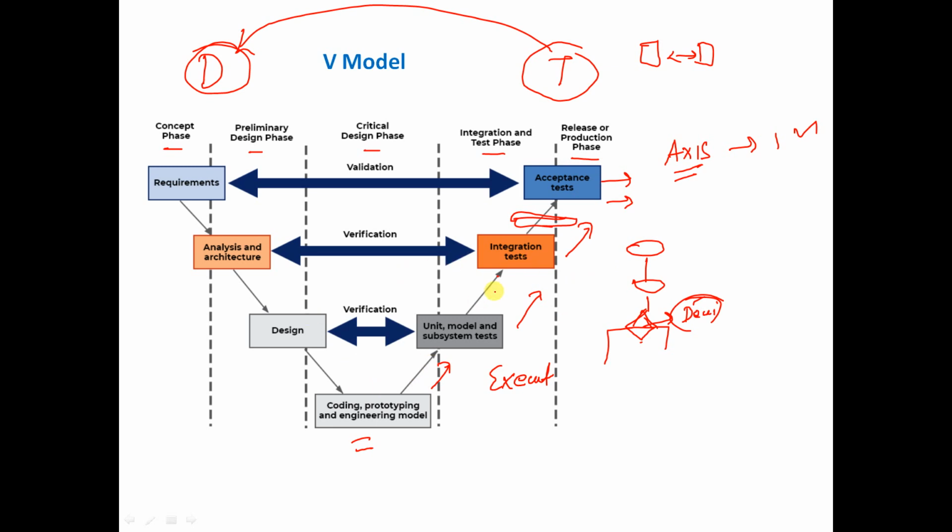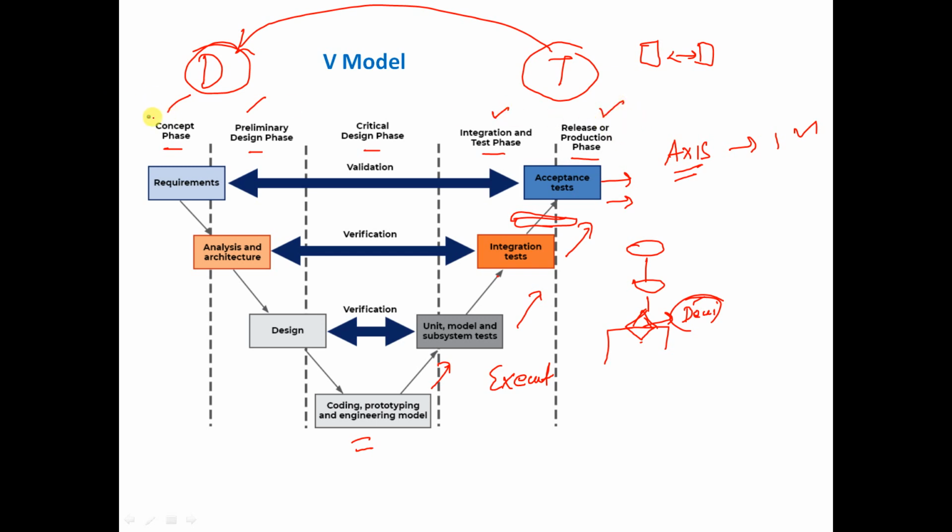All right. So this is on the basis of the ISTQB, and if you want to think outside the box, you can make it two phases. For the developers, it will be the concept phase and the preliminary design phase, and for the testers we have the integration and test phase and the release or production phase.